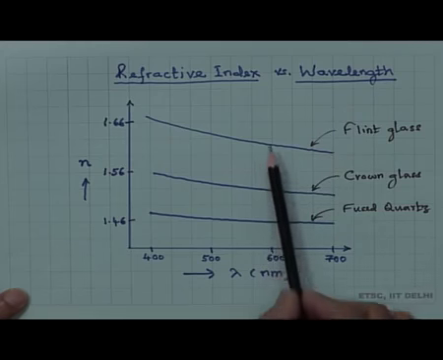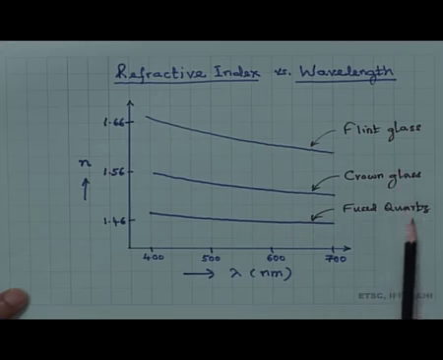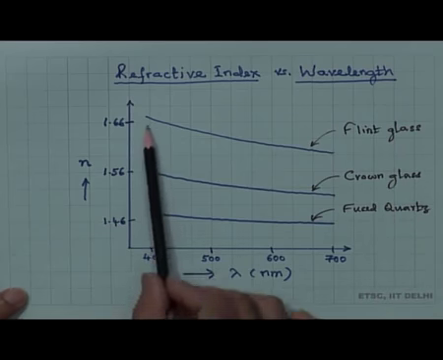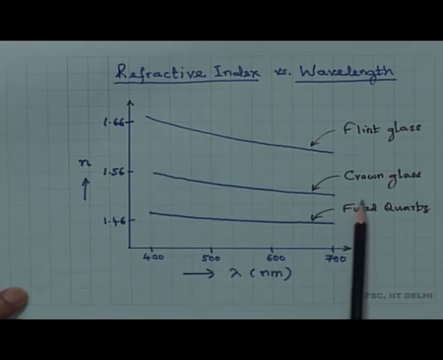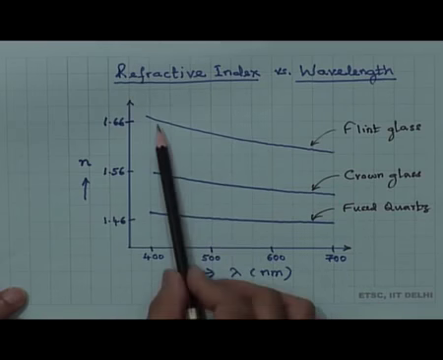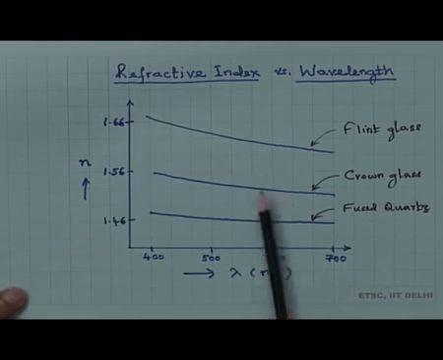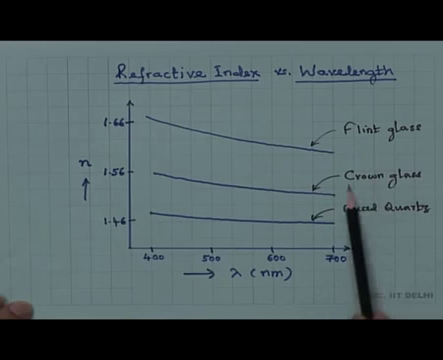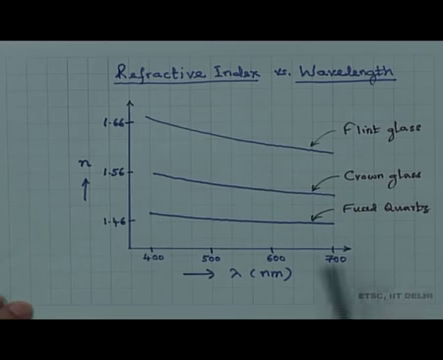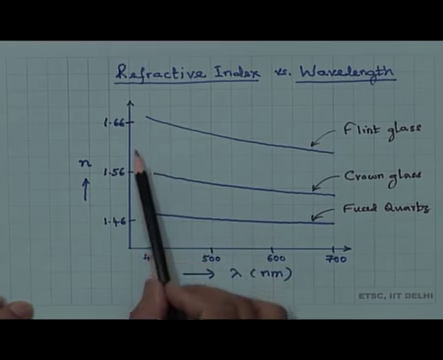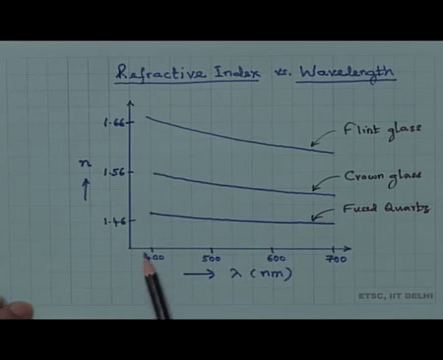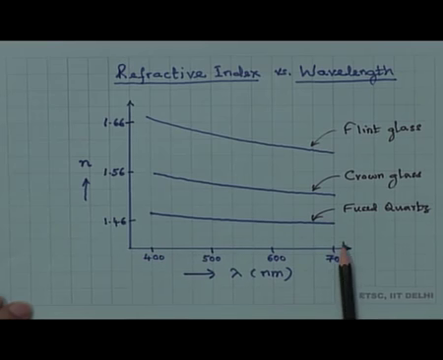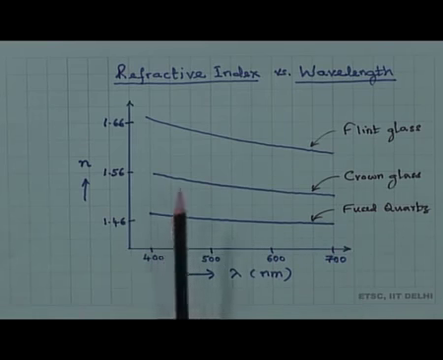The actual value of the refractive index is different for the three materials, but it varies with wavelength in the same fashion, though the rate at which it changes is different for different materials. That is called dispersion. Dispersion will be different for different materials, but qualitatively the refractive index decreases as wavelength increases.